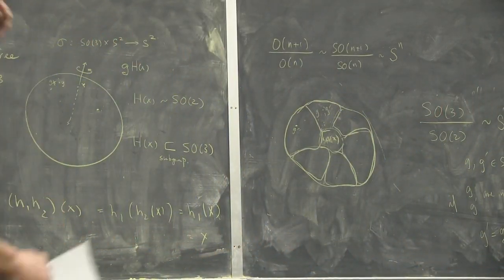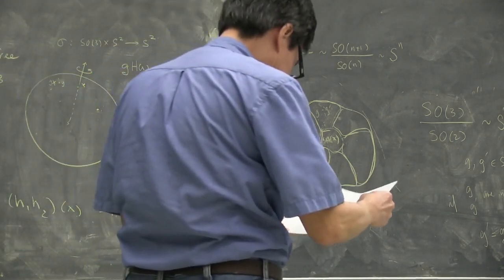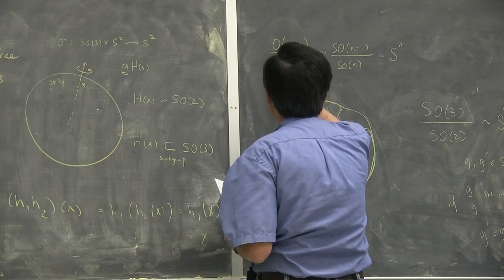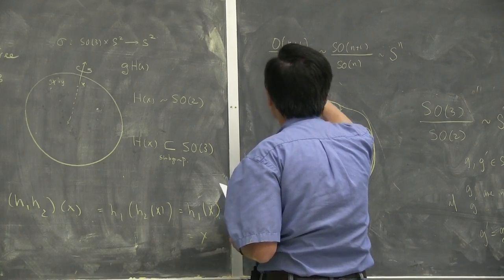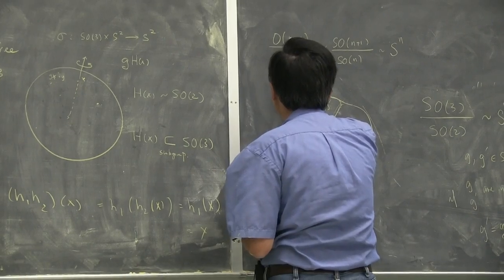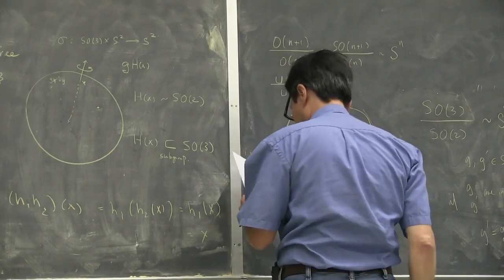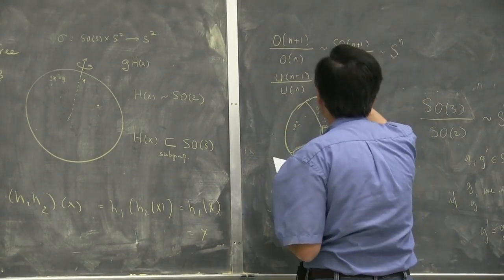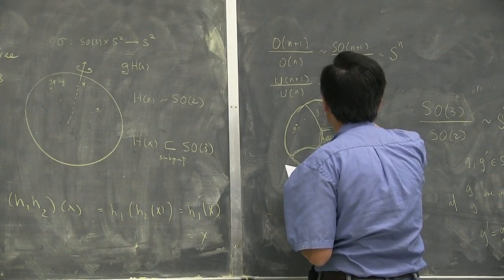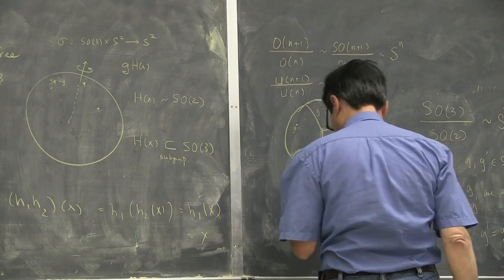And there's another result for U(n). The U's are the unitary elements, so they have more parameters than the O groups. I'm not going to be proving this at all, but you can show also that there's a general relationship like this.